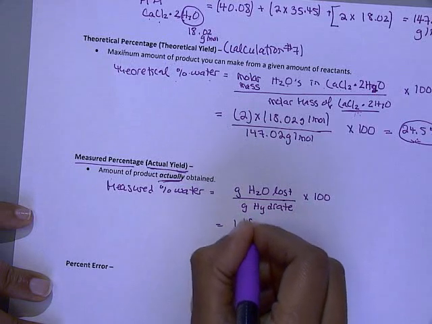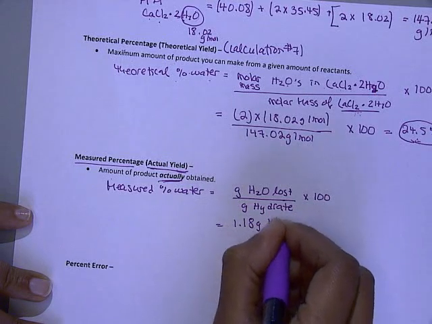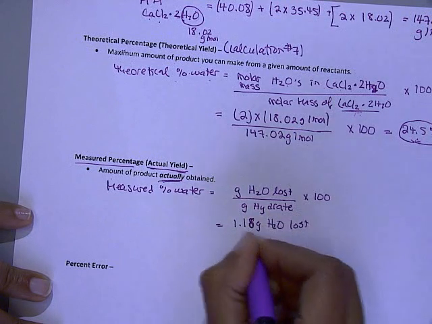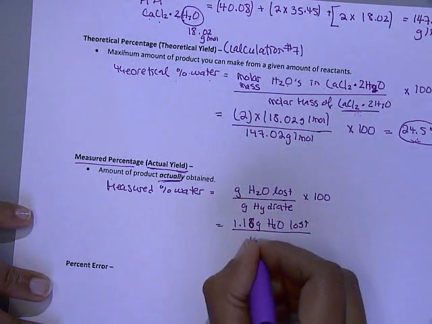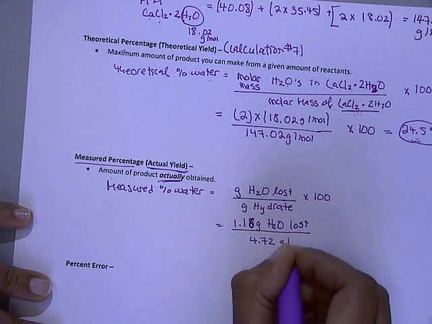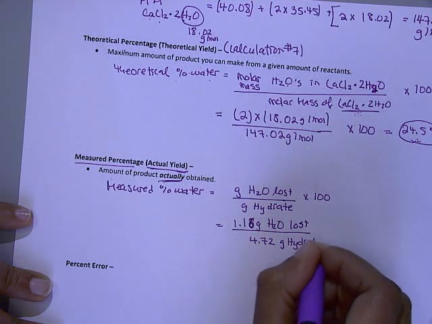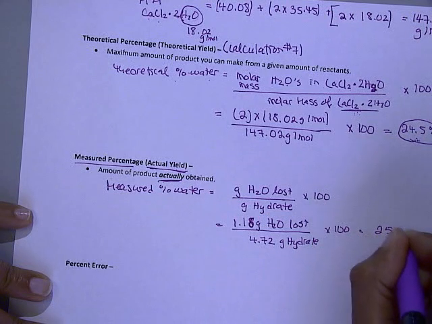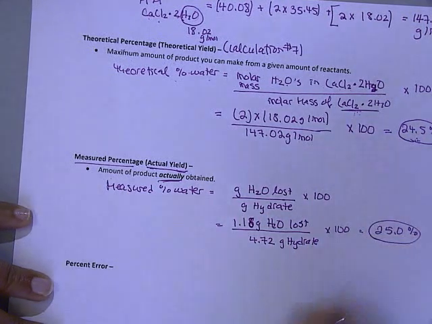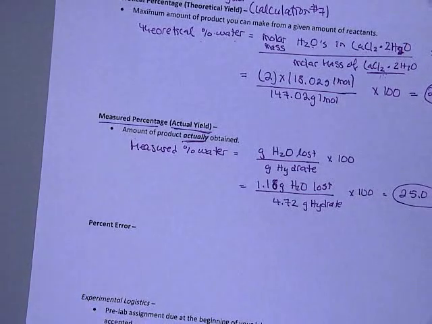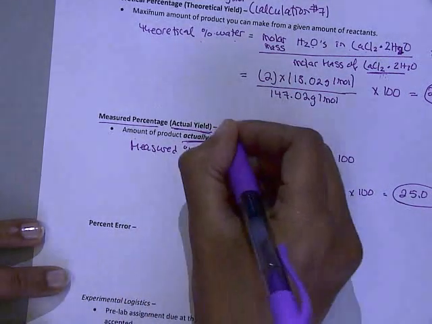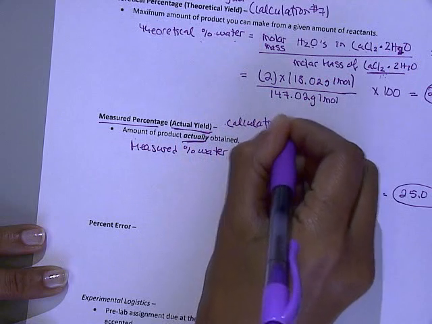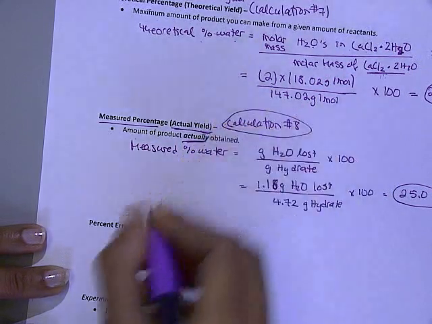So in our previous page, we calculated our grams of H2O lost, this is 1.18 over 4.72 grams of my hydrate times 100. So you should get 25.0% of water actually obtained. This calculation is similar to what is being asked of you for calculation number 8 in your lab manual.